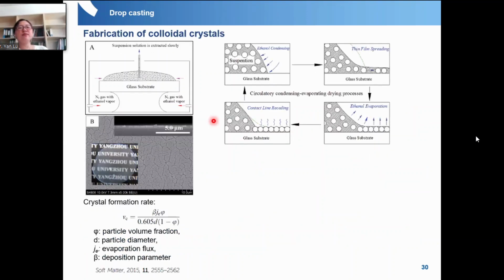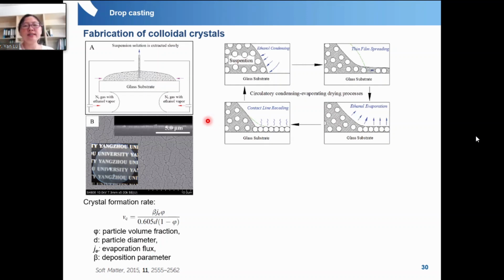Another example for this drop casting is you can also form colloidal crystals or colloidal photonic structures using this simple drop casting method. But in that case, as I mentioned, you should control the rate of the formation of your crystal and how to slow down this formation rate. So you should slow down the evaporation of the solvent, of course.